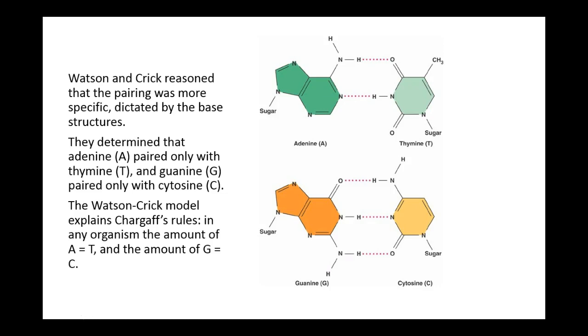And here you have your purines and pyrimidines that when they pair up, not only in size but also in these hydrogen bonds, Chargaff's rules are then respected. And so they definitely had the idea of what a DNA molecule looked like at that time.